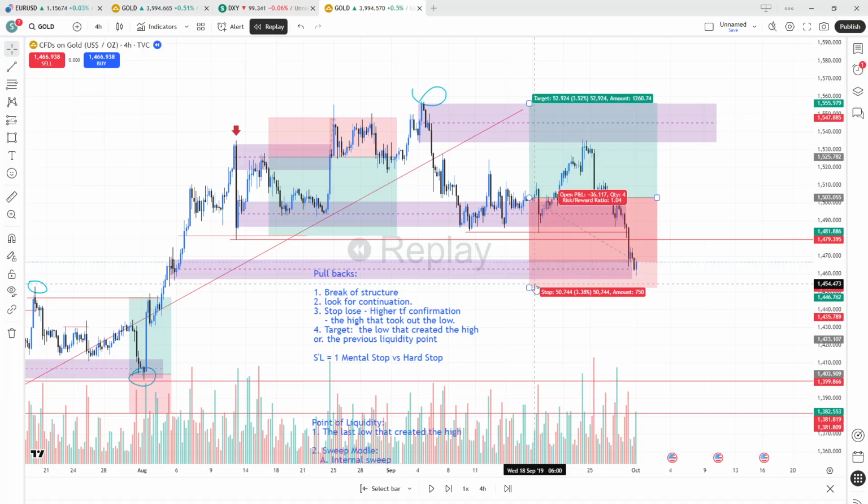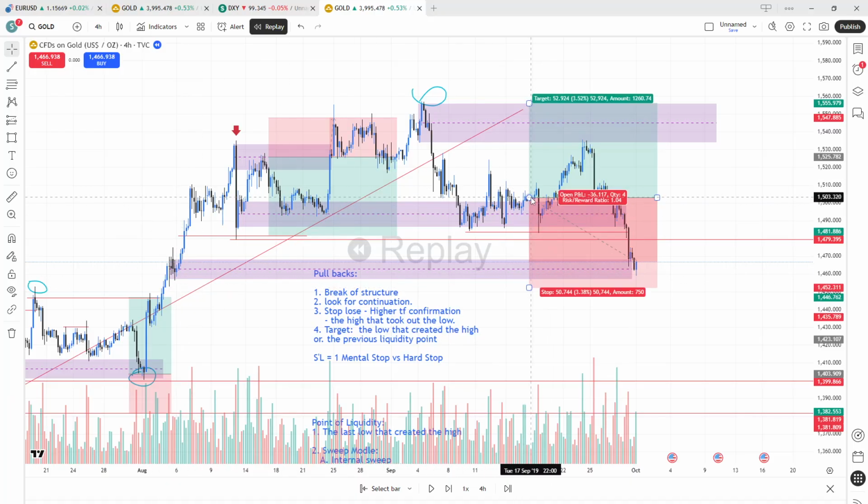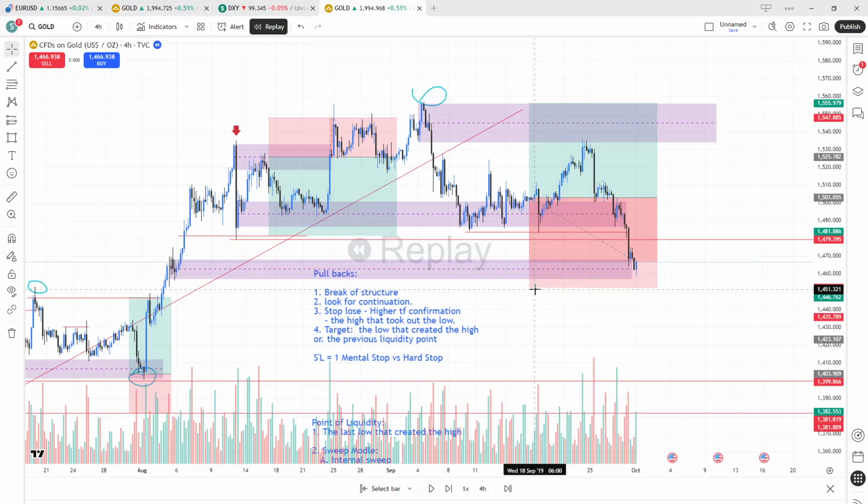Gonna wait for price to play out, and this is the game of psychology here, okay? Because you're at a very crucial point where price could either respect this area or it's going to break through, and if it's going to break through you are in an L, and if you over leverage, this can wipe you out.